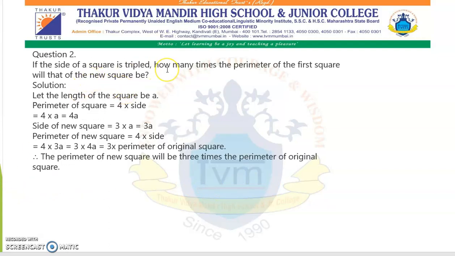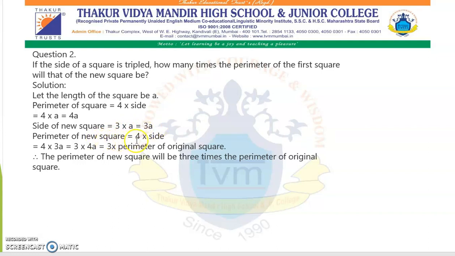If the side of a square is tripled, how many times the perimeter of the first square will be that of the new square? Let the side of the square be A. Perimeter of square is equal to 4 into side equal to 4 into A equal to 4A. Let the side of the new square, as given in the question, become triple, equal to 3 into A, we can write 3A.